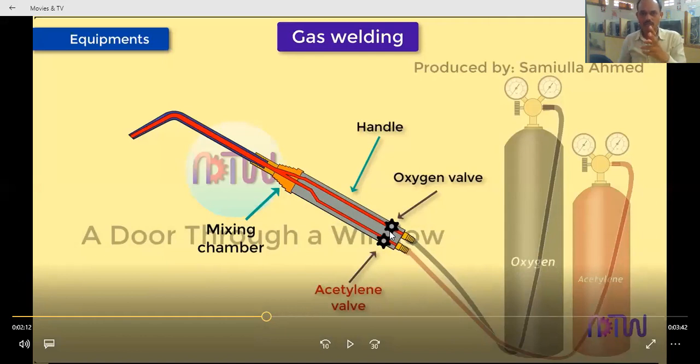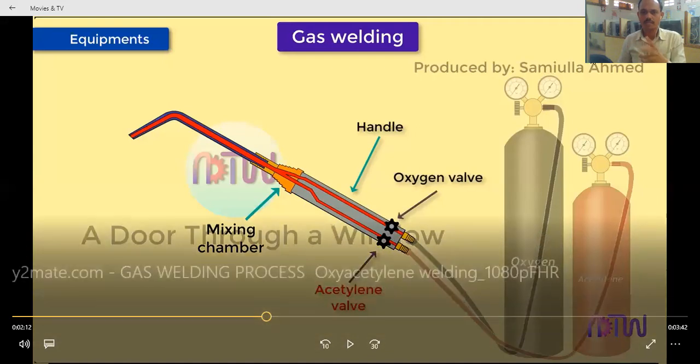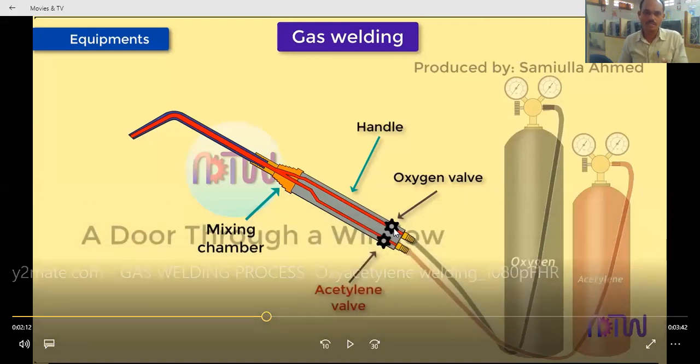One is near the cylinder, and another one is on the torch. So it is not necessary for the operator to go towards the cylinder each and every time. He can regulate the flow of oxygen and acetylene from the torch itself.